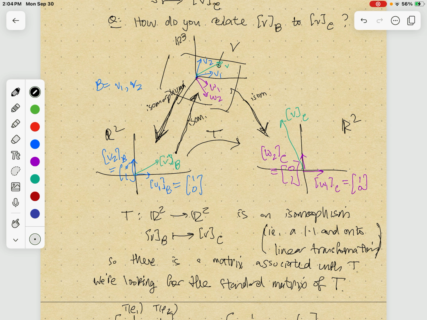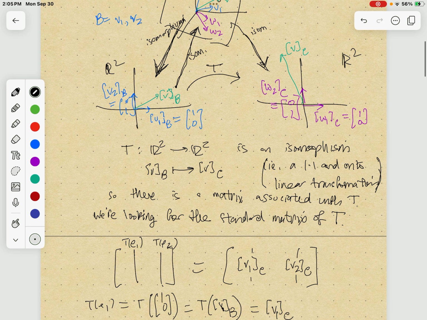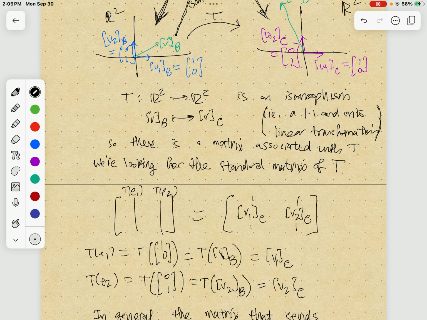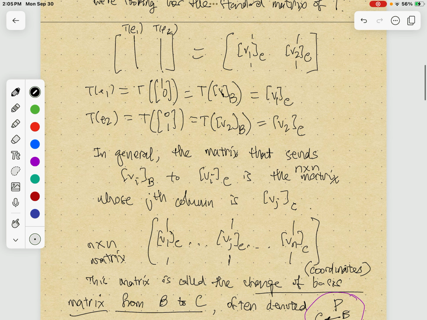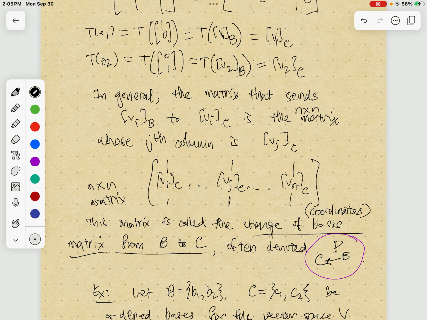And what we're looking for is a matrix that will convert from one coordinate representation to another. That's called the change of basis matrix. And it turns out that you can take this matrix, which is formed by taking v1 through vn, and then finding the coordinates of v1 through vn relative to the basis c, and then making those the columns of the matrix.